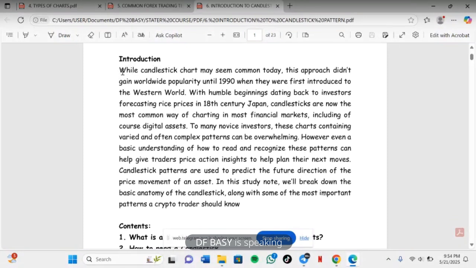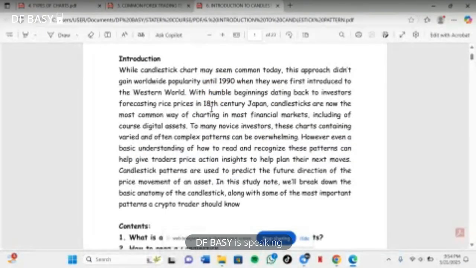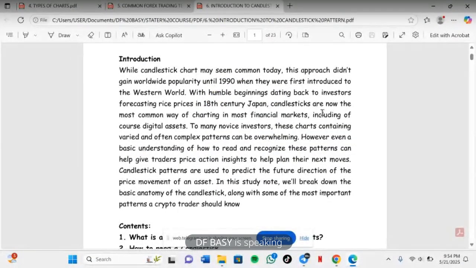While candlestick charts may be seen as common today, this approach didn't gain worldwide popularity until 1990, when they were first introduced to the Western world. With humble beginnings dating back to investors forecasting rises in price in 18th century Japan, candlesticks are now the most common way of charting in most financial markets, including digital assets.